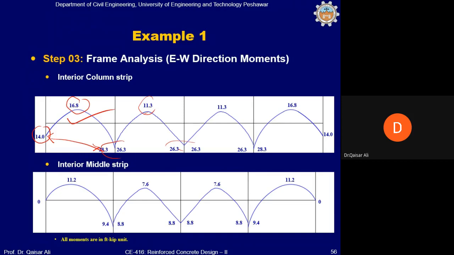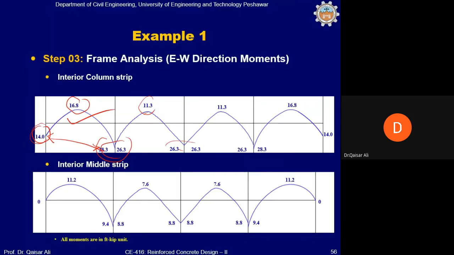The advantage of designing for this largest bending moment is that we will come to know which reinforcing bar will be appropriate to use. Because if we use number 4 bar for 14 foot kip, and then while designing 28.3 the same bar is used and the spacing becomes very close, we have to revise the whole design, because it will not be possible, especially for positive bending moment, to use different diameters of bars in different spans.